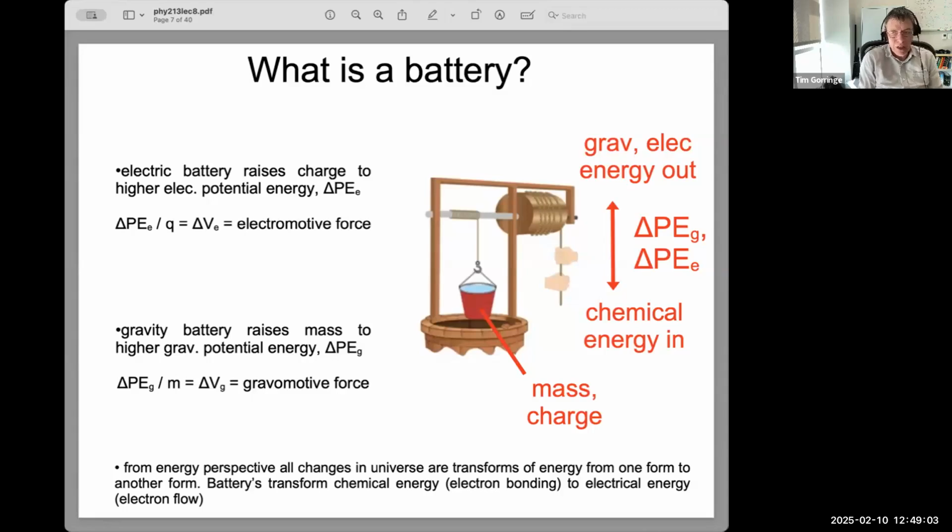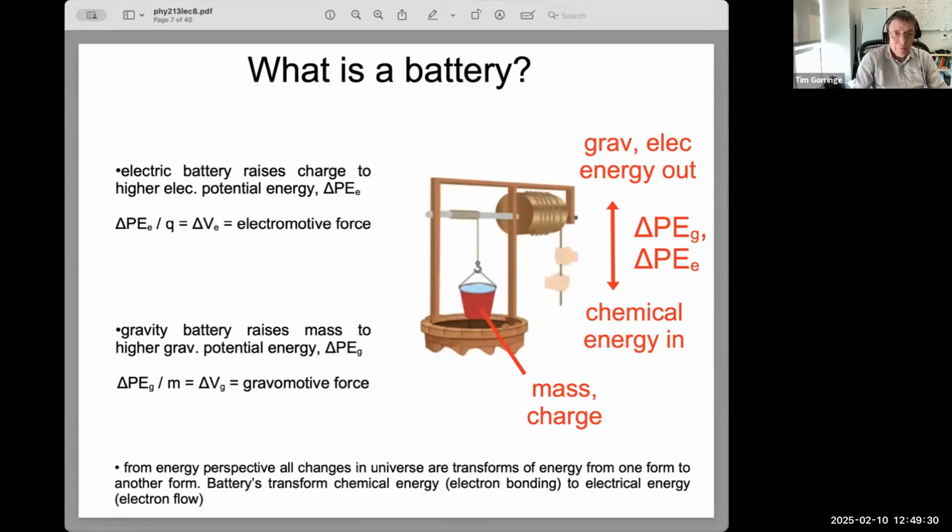By chemical energy, I mean the energy that's associated with the bonding of the individual electrons in an atom or molecule. And by electrical energy, I mean the energy that's associated with the flow or the movement of electrons or charge carriers through a material. So that's the energy perspective on what batteries do.